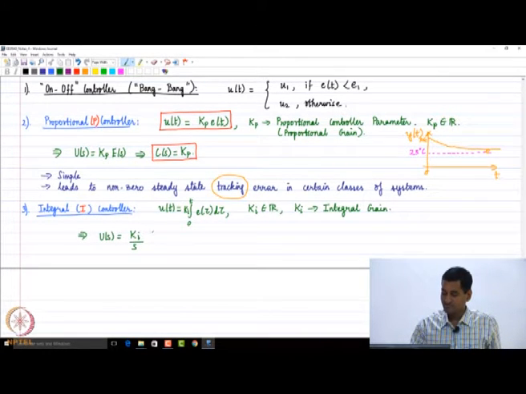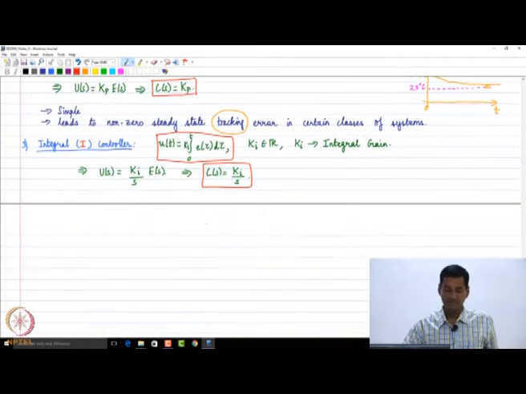So this becomes U(s) equals Ki by s times E(s). So this tells me that C(s) is going to be equal to Ki by s. Okay, so this is the structure in the time domain for this particular controller, and this is the transfer function of the integral controller.